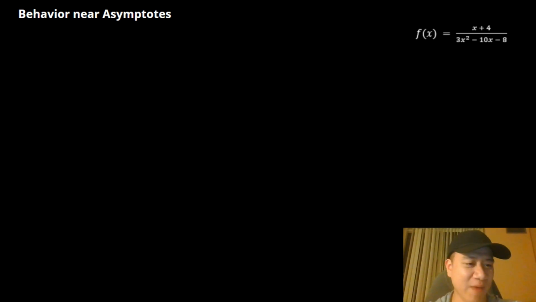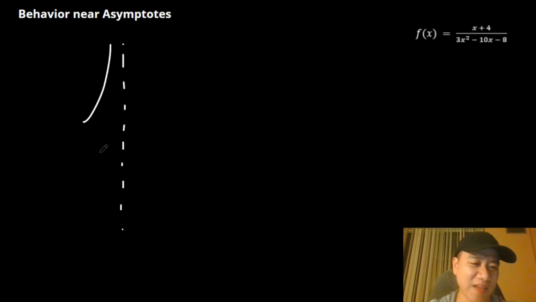And so basically how we do this is, for our asymptotes, we're going to start with the vertical ones. The vertical asymptotes: the function always goes all the way up like this, or all the way down, on either side of the asymptote.